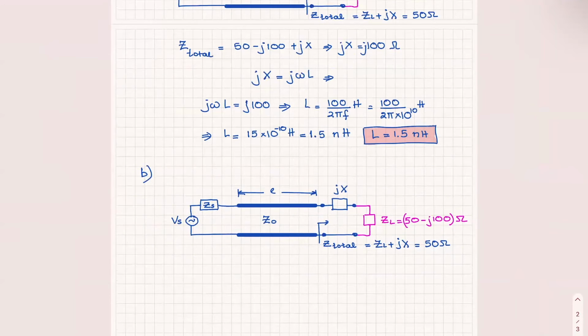All right, since I have already done that, I will erase it. And then instead of that, I will put a short-circuited stub, like this.